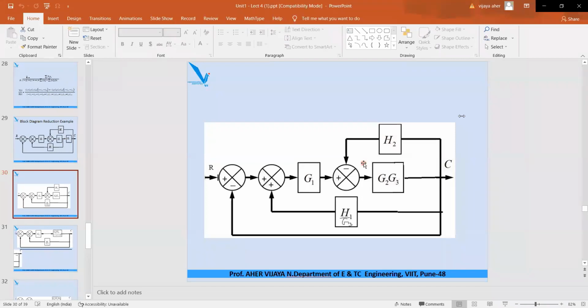Rule number 9 is exactly like this. So you can write the transfer function for this as G2 into G3 divided by 1, here there is minus so we will write plus, 1 plus G2 into G3 into H2.